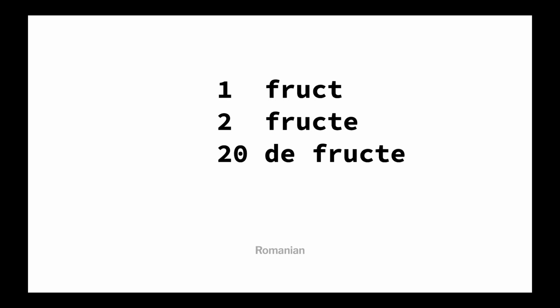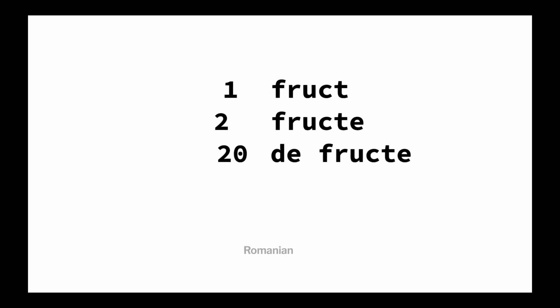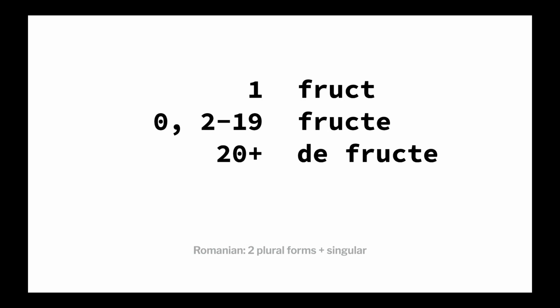We have 2 plural forms. So for the quantity of 1, we use the singular. Then for 0, and from 2 to 19, we use the first plural form. And then from 20, we use the second plural form. Does it apply to every noun in the language? No, yes, I think so, I don't know. This is the rule.